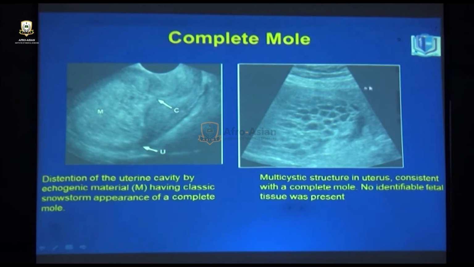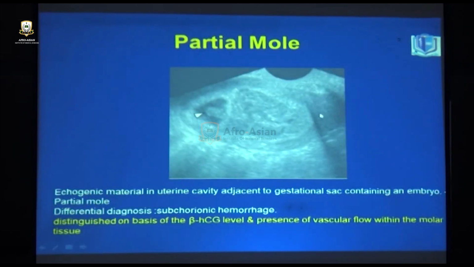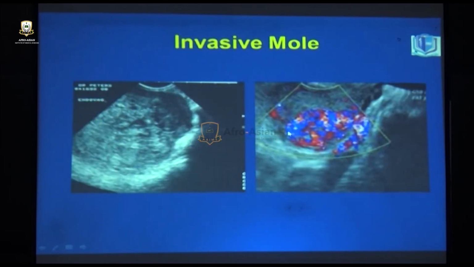You can very confidently label it as a molar pregnancy. This is a partial mole. We see part of this fetus here, and the rest is again heterogeneous with small cystic areas. And this is one of the examples of an invasive mole. This has gone beyond the normal limits of the myometrium. It has invaded into the myometrium, and when we turn on the Doppler, we see flow into it.